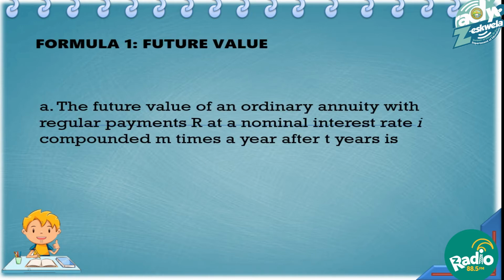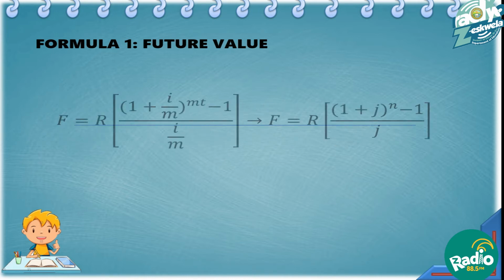So, the future value of an ordinary annuity with regular payment R at nominal interest rate I compounded M times a year after T years is given by F = R times the quantity of the quantity (1 + I/M) raised to the power of M times T minus 1, all over I/M.